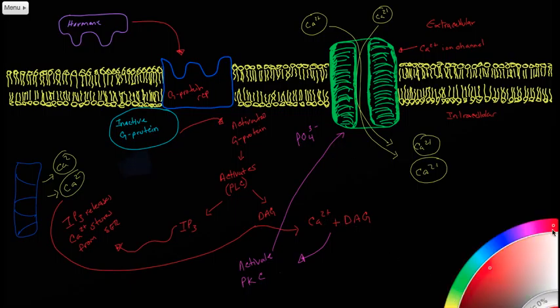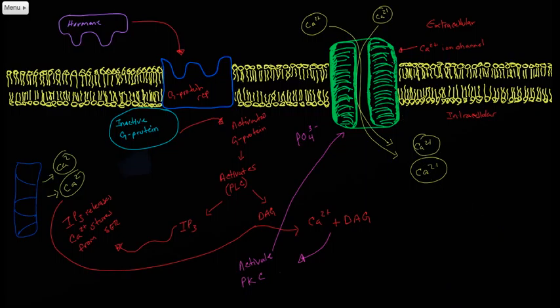Now, once the cytosolic calcium fluxes in, the now abundant calcium binds to an intracellular protein called calmodulin.